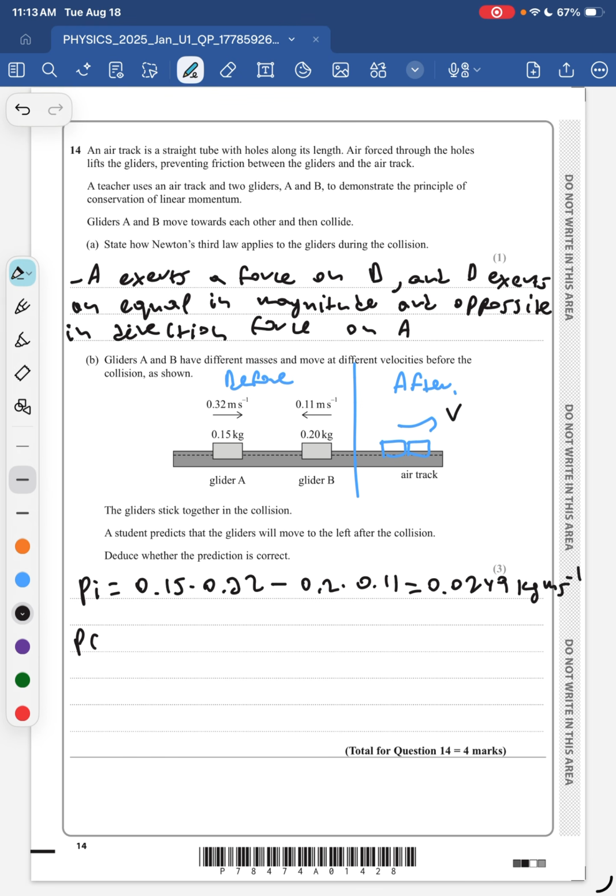But anyway, the final momentum is going to be 0.2 plus 0.15 times final velocity that we denote by v. Okay, so this is equal to 0.35 v.